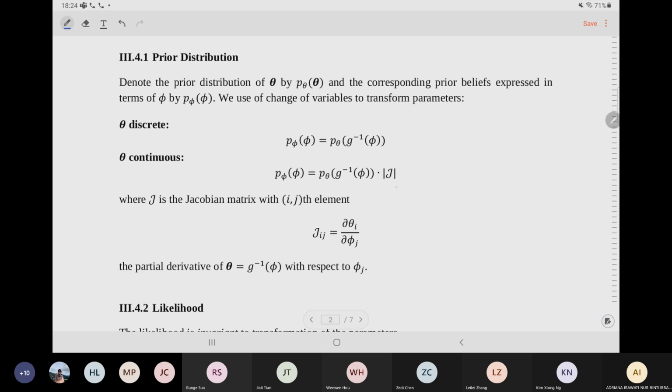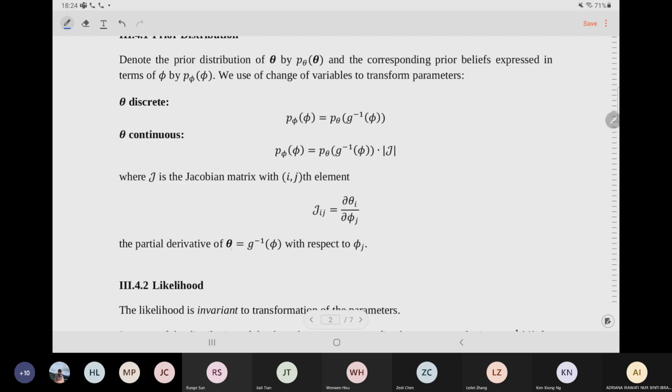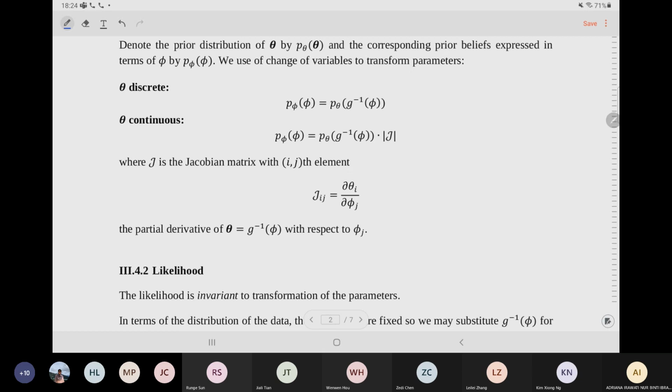So there is a partial derivative here, in case your theta is more than one parameter. But don't worry, for our course we are just looking at one parameter for this transformation.